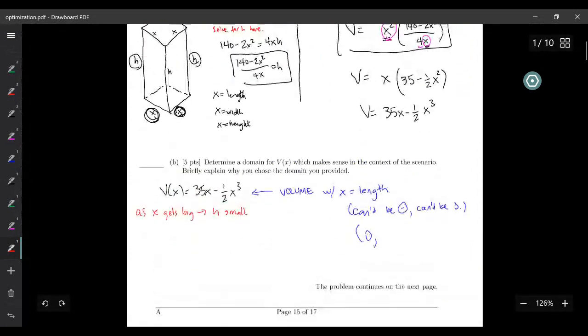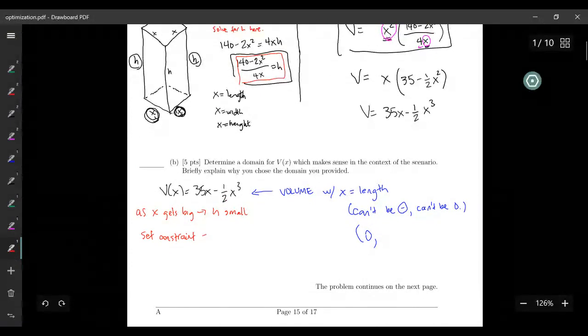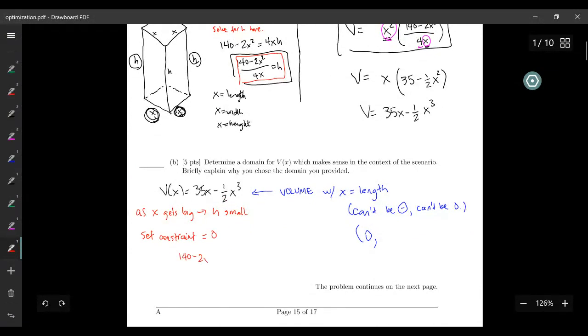So what we're going to do is use this constraint equation here. Set h equal to 0, so we have 140 minus 2x squared over 4x equals 0.